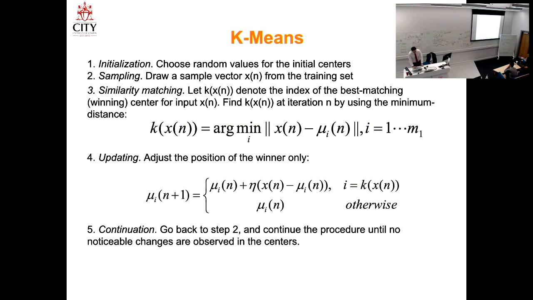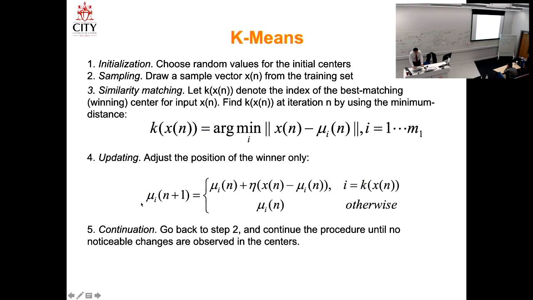So keep this slide in mind. What we are doing is for every data entry, we find the closest mean, and I only update the closest mean. And then I take the next data, find the closest mean, update the closest mean. Next data, find the closest mean, update the closest mean.